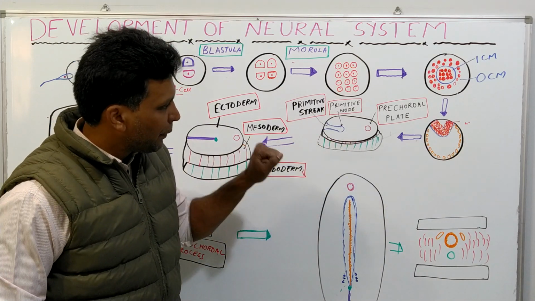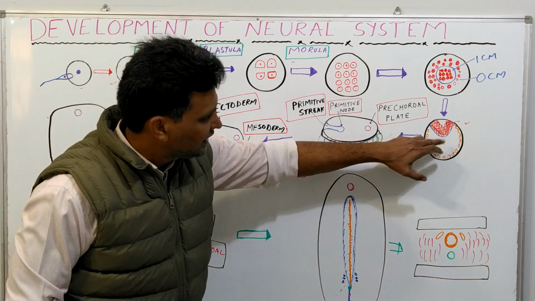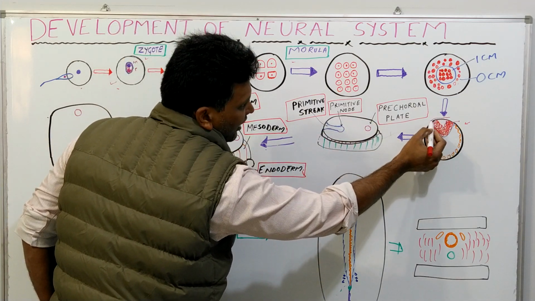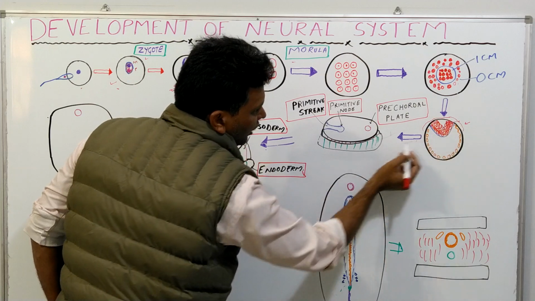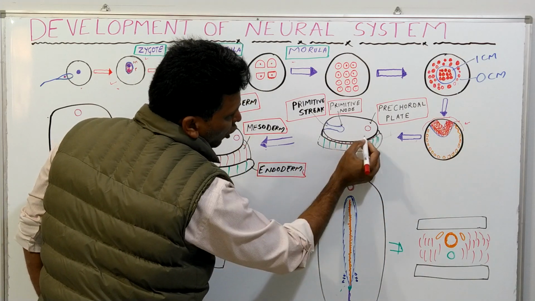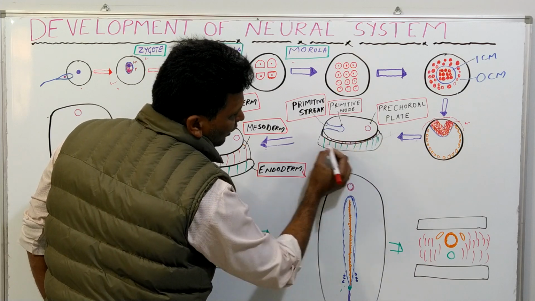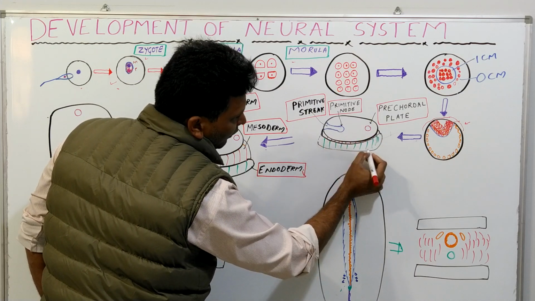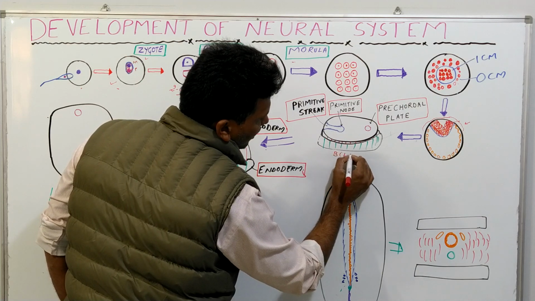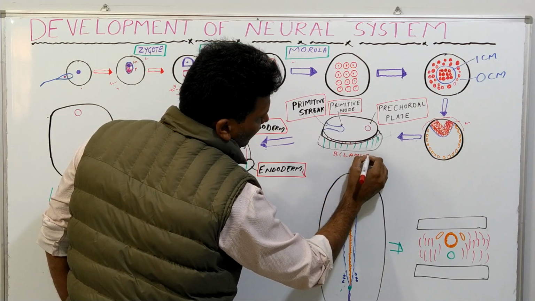Here these cells rearrange, and they form two layers. One layer is called ectoderm and the other is called endoderm. It is a bilaminar disc.